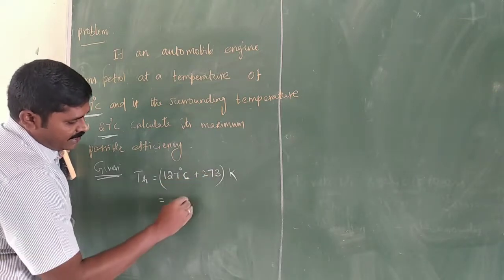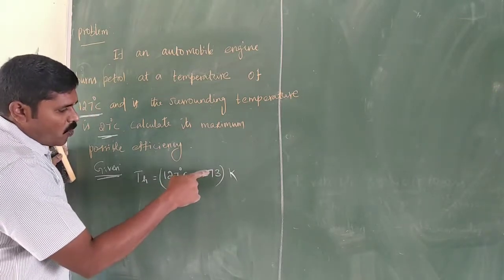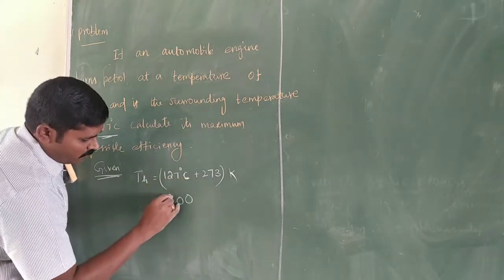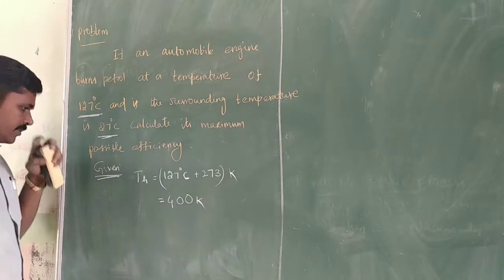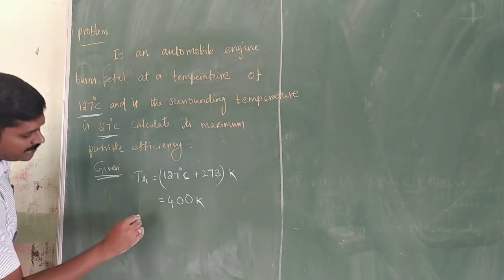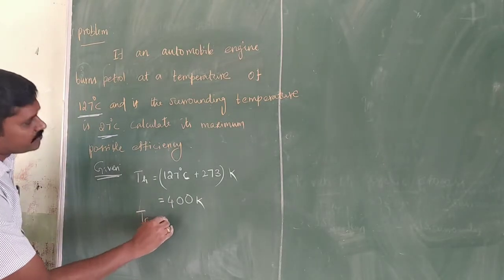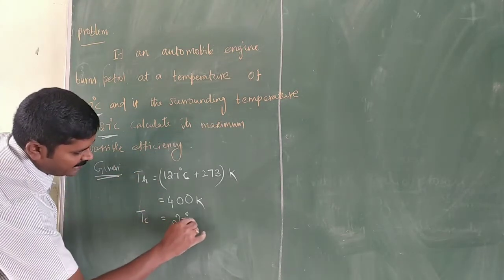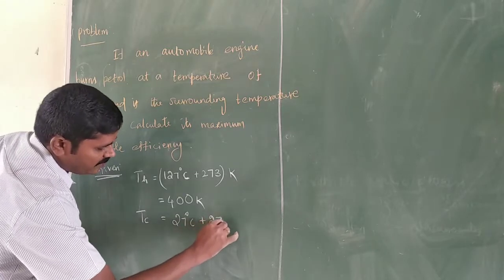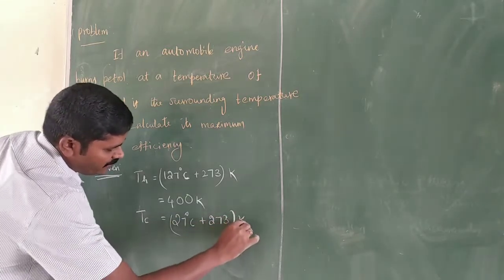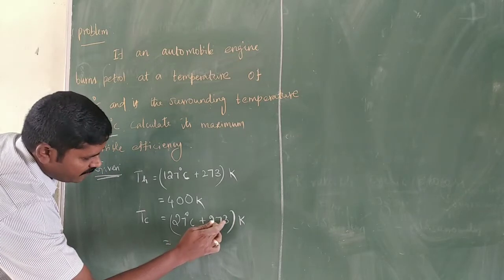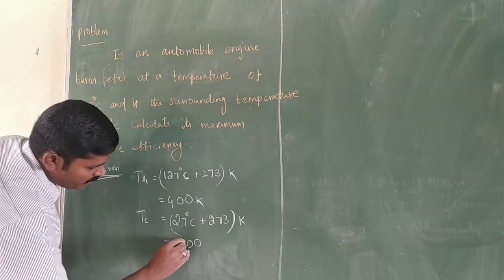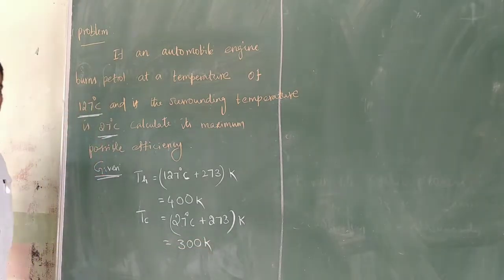So TH is equal to 400 Kelvin. And TC, the surrounding temperature, is equal to 27 degrees Celsius plus 273 Kelvin, which is 300 Kelvin.